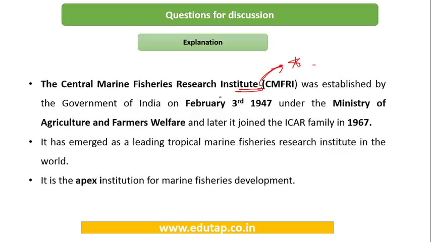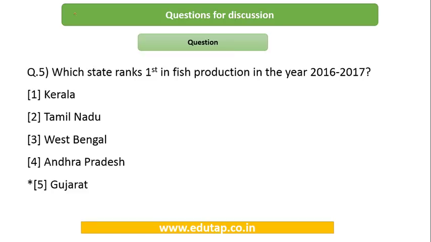It was established on 3rd of February 1947. Please make sure you are aware of the date as well. It was under the Ministry of Agriculture and Farmers Welfare, and later it formed a part of ICAR, the Indian Council of Agricultural Research. So this much information is important for us. Okay, the fifth question, friends: which state ranks first in fish production in the year 2016-17?